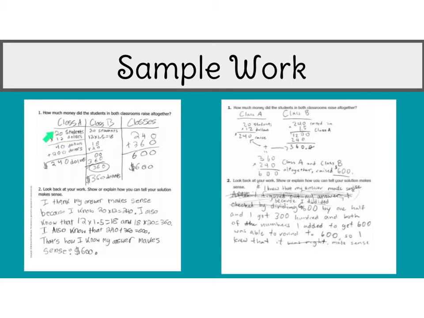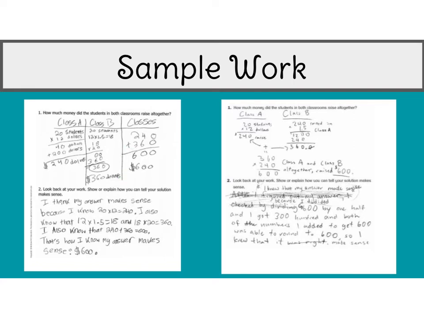So checking their multiplication might be a good idea to see if they did it correctly. Class B, 20 students, 12 times 1 and 5/10 equals 18, I think is what that says. 18 times 20, they got $360. They took the total from here and the total from here. They added those together, got $600.